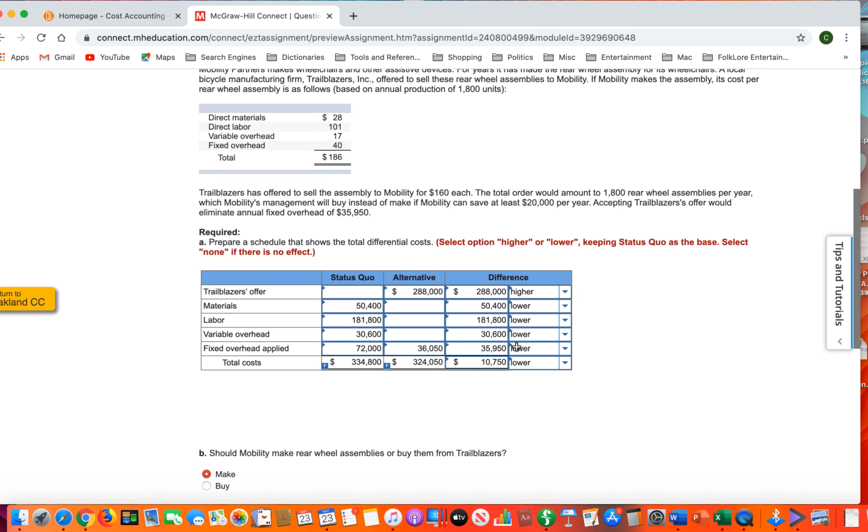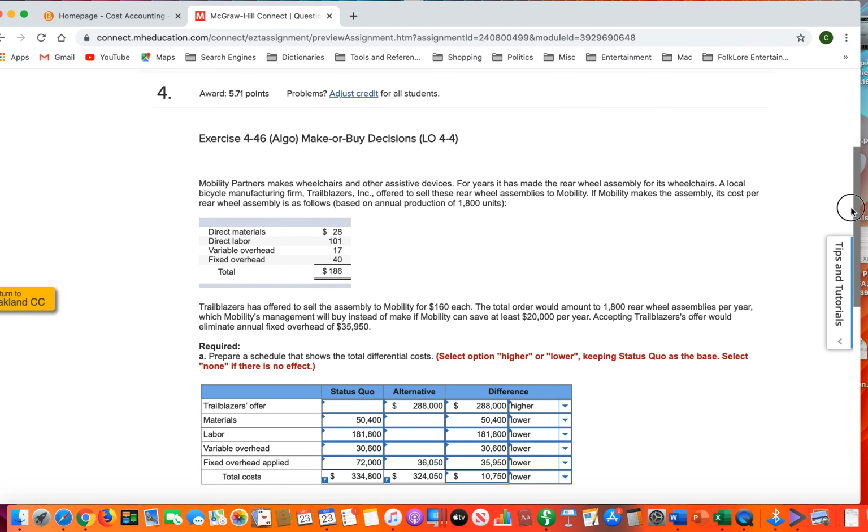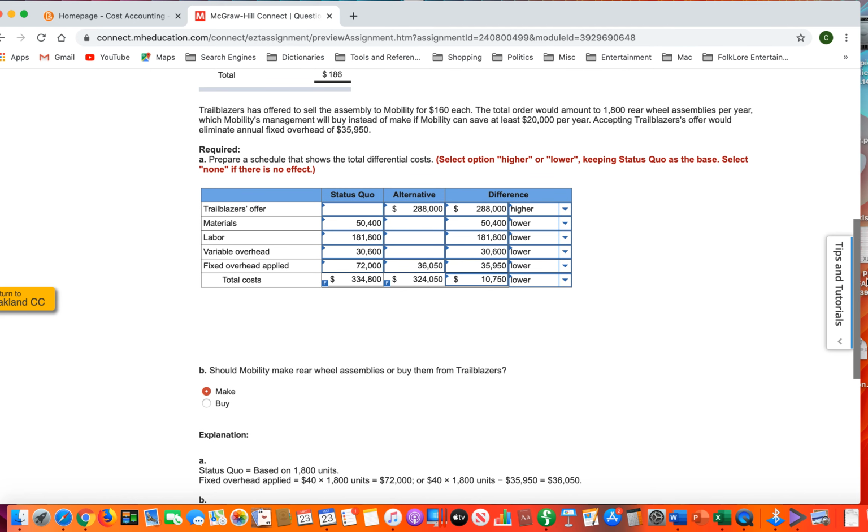The normal price is, oh, 160. So what they did here, they want to save at least $20,000. They're not. They're going to save $10,750, but they want to continue to make it. They have a threshold to save at least $20,000. Here they save 10,700.